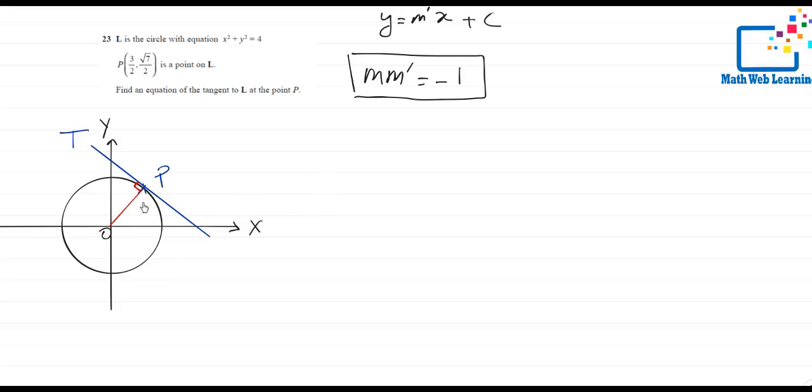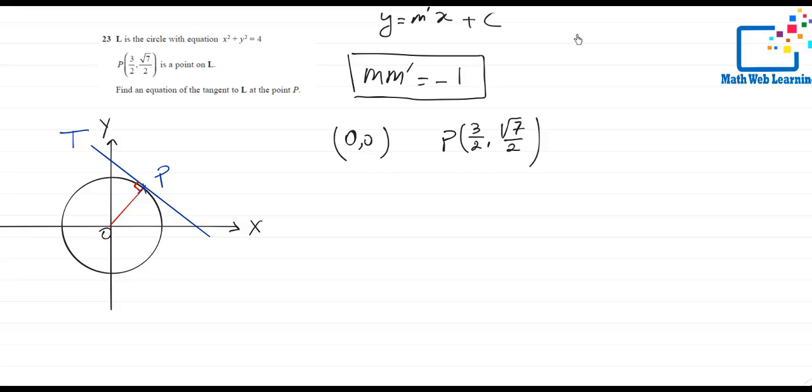We need to be able to work out the gradient of the red line, the radius there. That line is going from the origin, which is 0, 0, and is joining to P, which is 3 over 2 and root of 7 over 2. If you have 2 points, you can calculate the gradient.